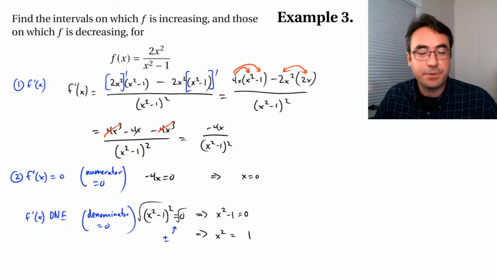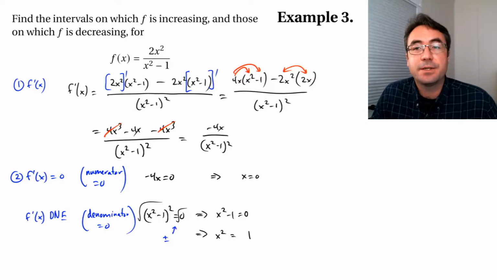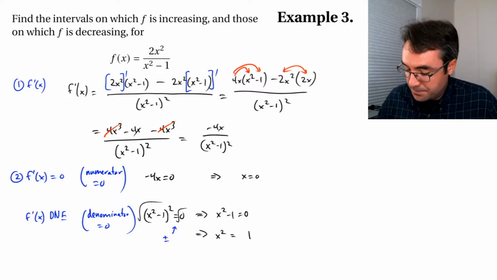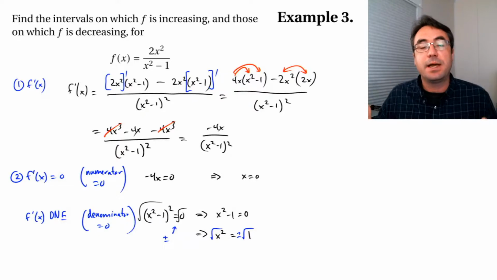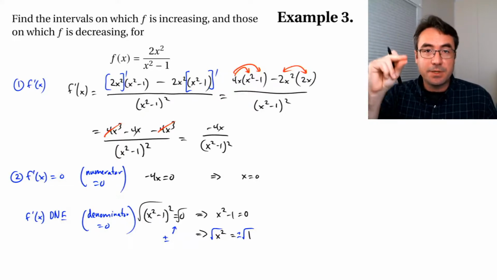Another way to go about that would be to just factor x squared minus 1, but let's use this other approach just for the practice. Let's apply the square root to both sides. Whenever we apply the square root as a step in the solution process, that's where we put the plus or minus in front.